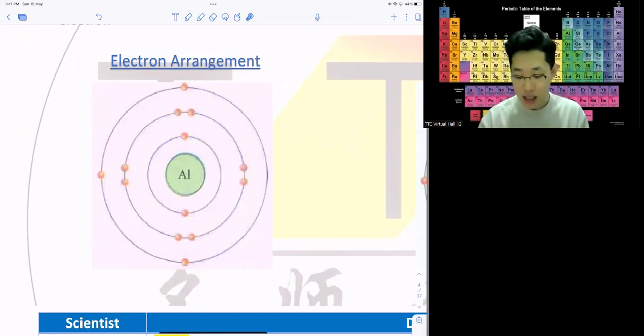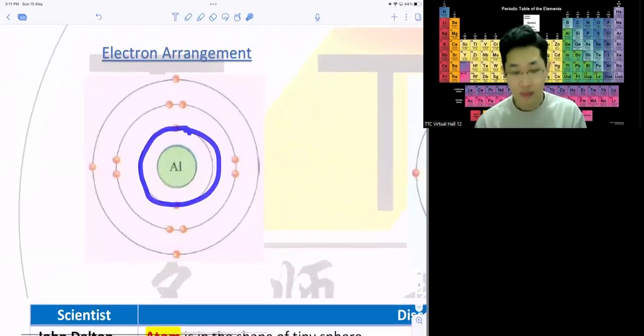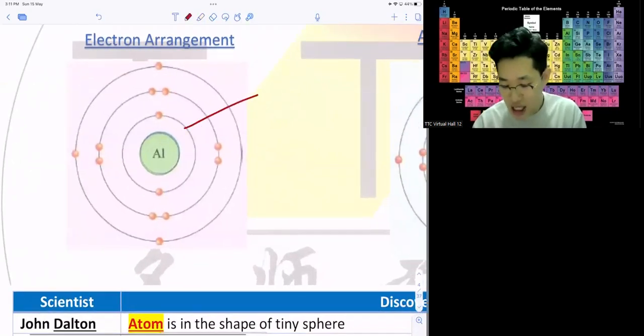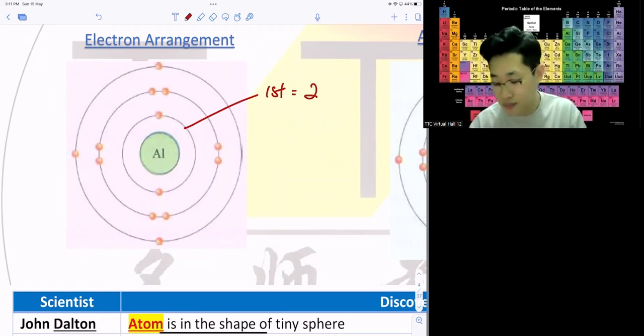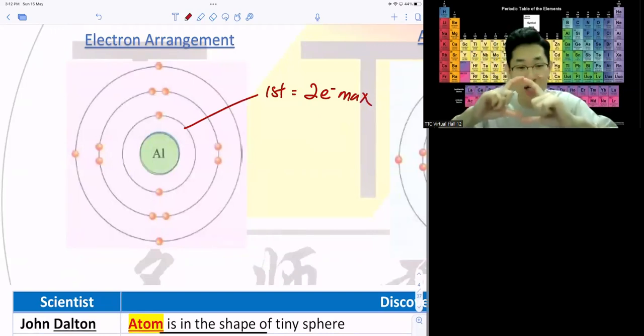The first shell, the one closest to the nucleus, can fit up to 2 electrons maximum, because it's the smaller shell.